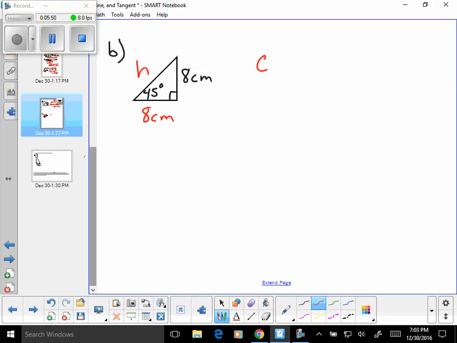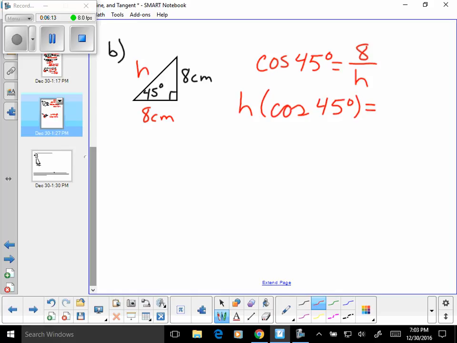So the cosine of the 45-degree angle is going to be 8 over the hypotenuse. Now here we would multiply h by both sides. Remember back to that isolating the variable lesson that we had in chapter 4. So we're going to have h times the cosine of 45 degrees. That's going to equal 8.